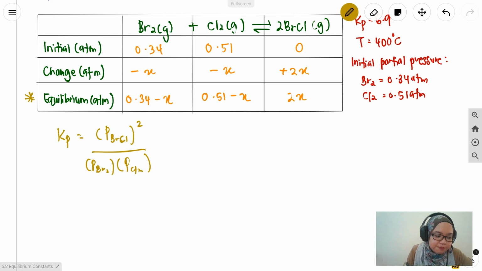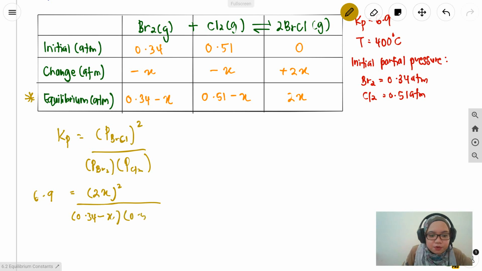So, we know that Kp is equals to 6.9 equals to partial pressure of BrCl, which is 2x, squared, over partial pressure of Br2, which is 0.34 minus x, times 0.51 minus x.